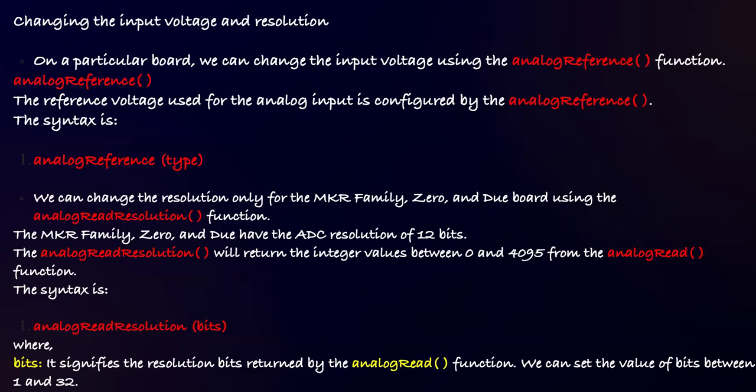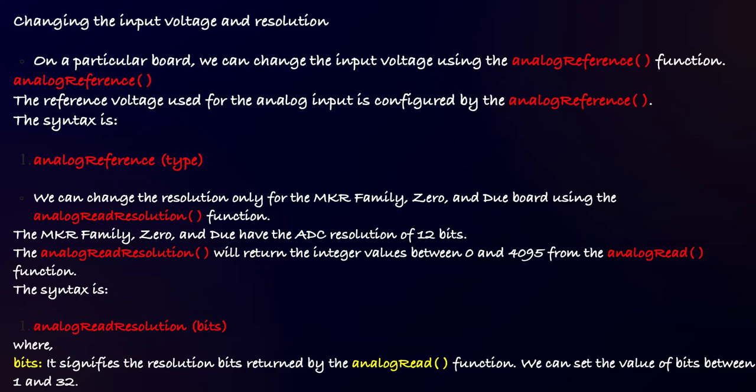The MKR family, that is Zero and Due, have the ADC resolution of 12 bits. As I said earlier, ADC means analog to digital converter. The analogReadResolution will return integer values between 0 and 4095 from the analogRead function.